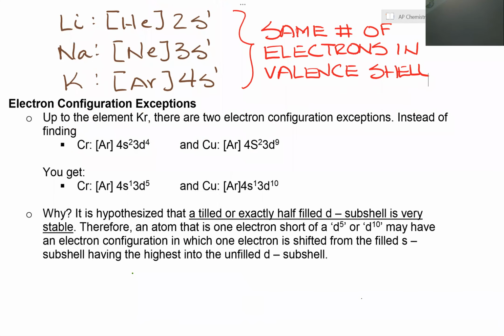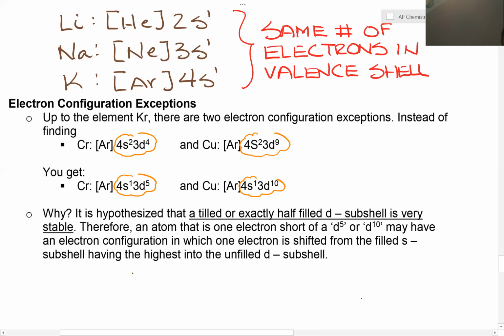The last one is electron configuration exceptions. Up to the element krypton, there are 2 electron configuration exceptions, which are chromium and copper. Okay? You will notice the difference between here and here. Why?